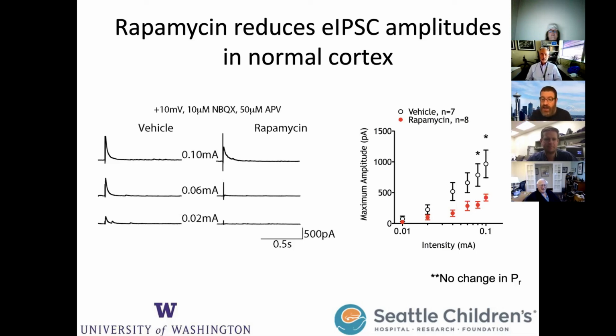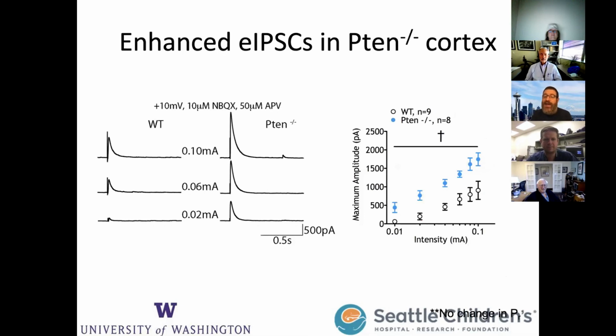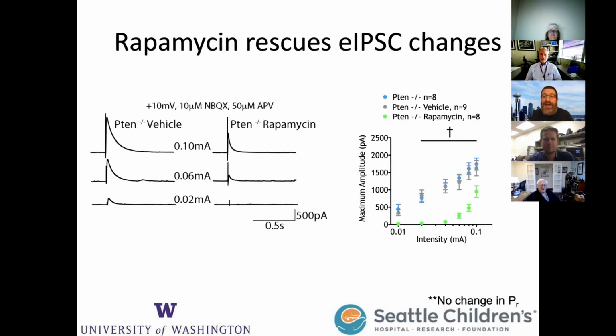It dampens them. And in the P10 knockouts, you see a substantial change in the way that these evoked events occur. Now, granted, these are not natural events. These are events that we induce in slice, but it's substantially different. And again, it's rescued by the administration of rapamycin.